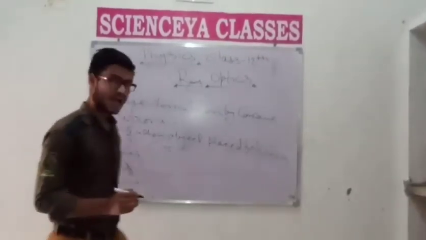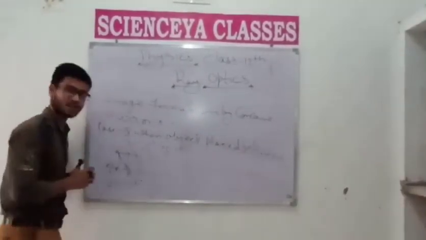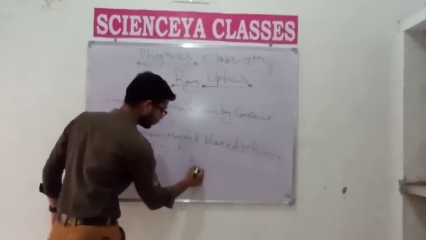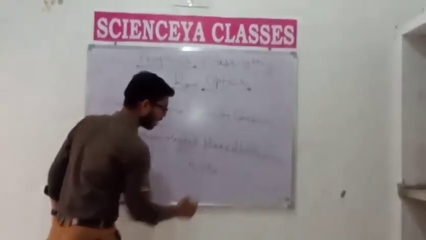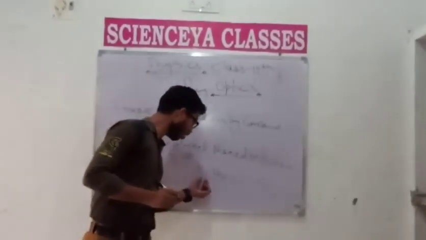Okay student? And here you note down one thing, that the size of image or height of image is larger than height of object. Not very much larger, only larger than height of object.